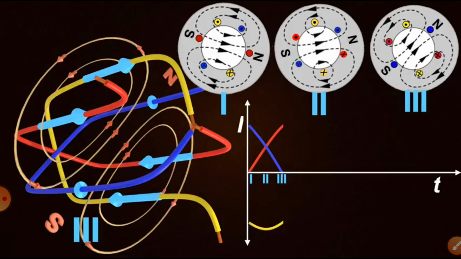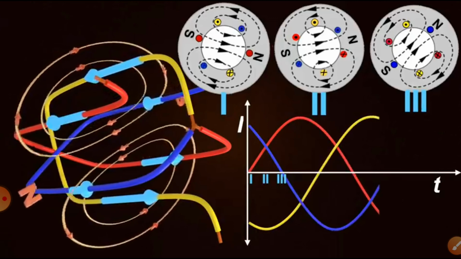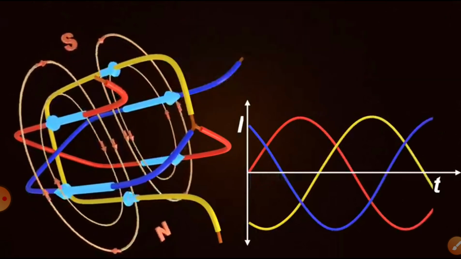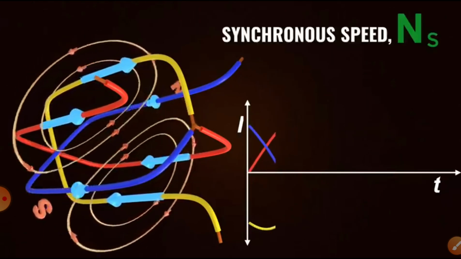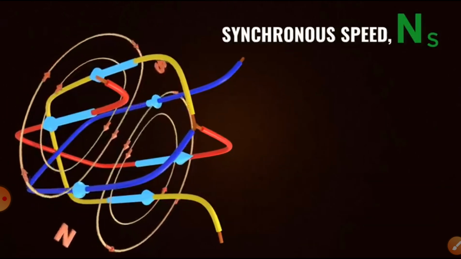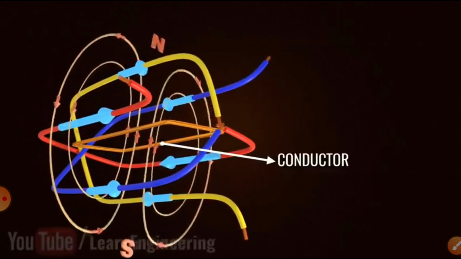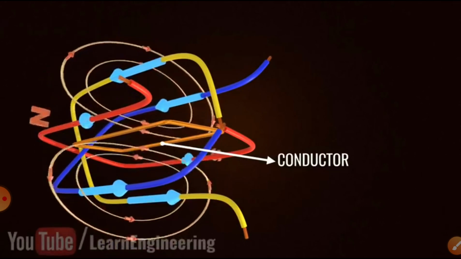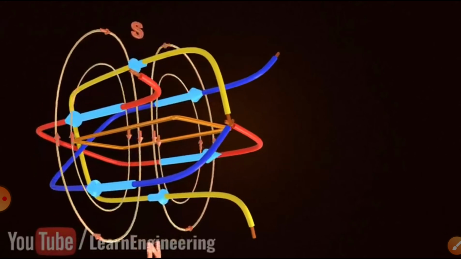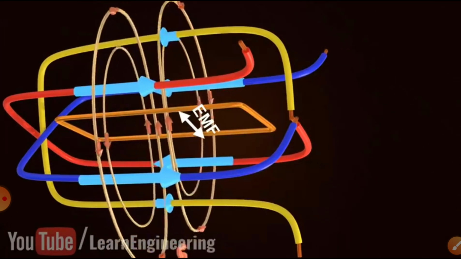We have already found how the vector changes its angle. That means it is rotating at synchronous speed. You can see it in the RYB wave, the phasor vectors.